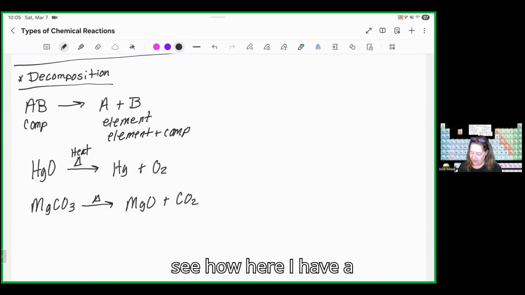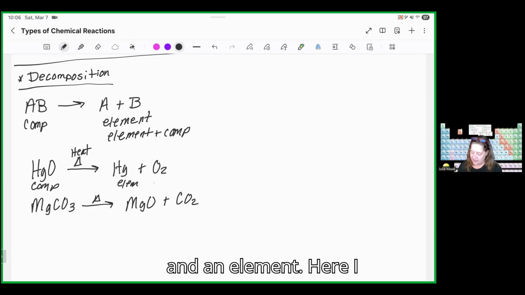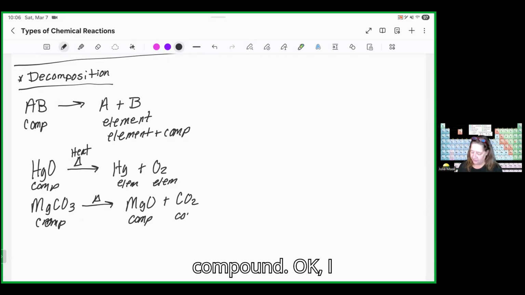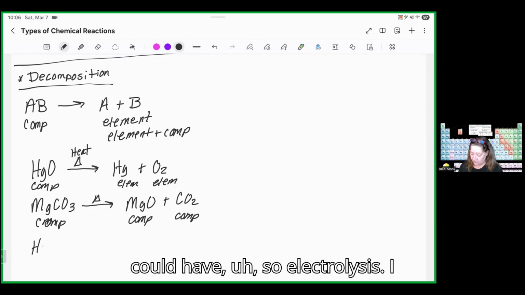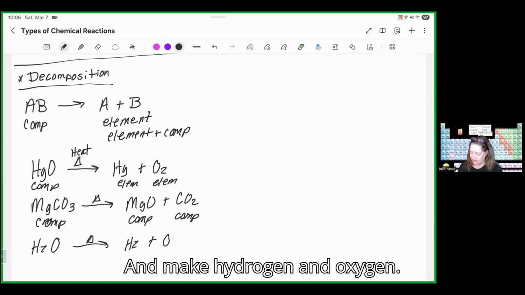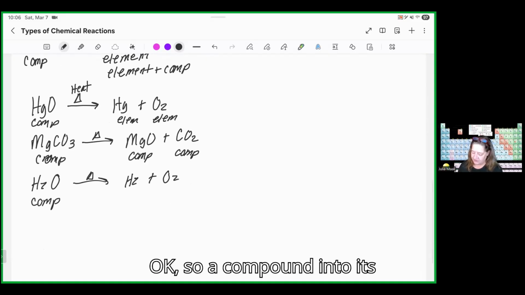See how here I have a compound and I made an element and an element. Here I had a compound and I made another compound and another compound. With electrolysis, I could have water and make hydrogen and oxygen. So a compound into its element and element.